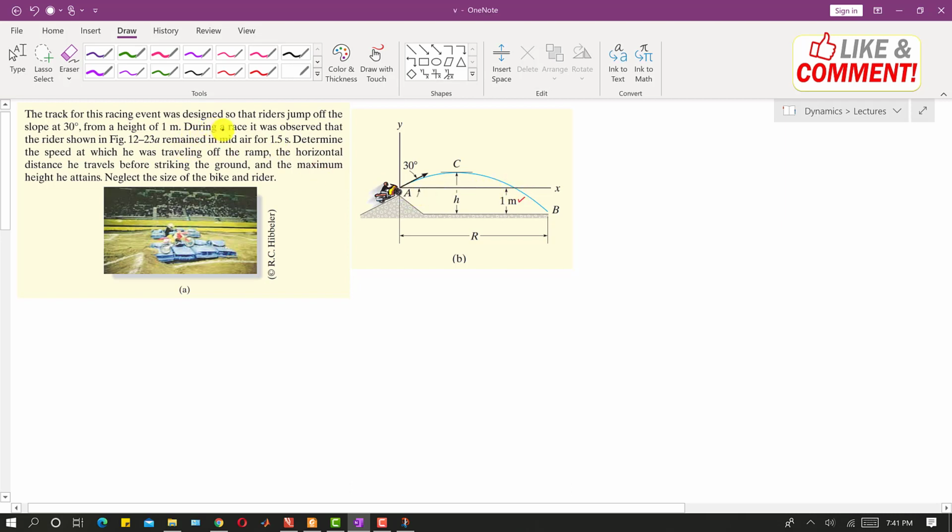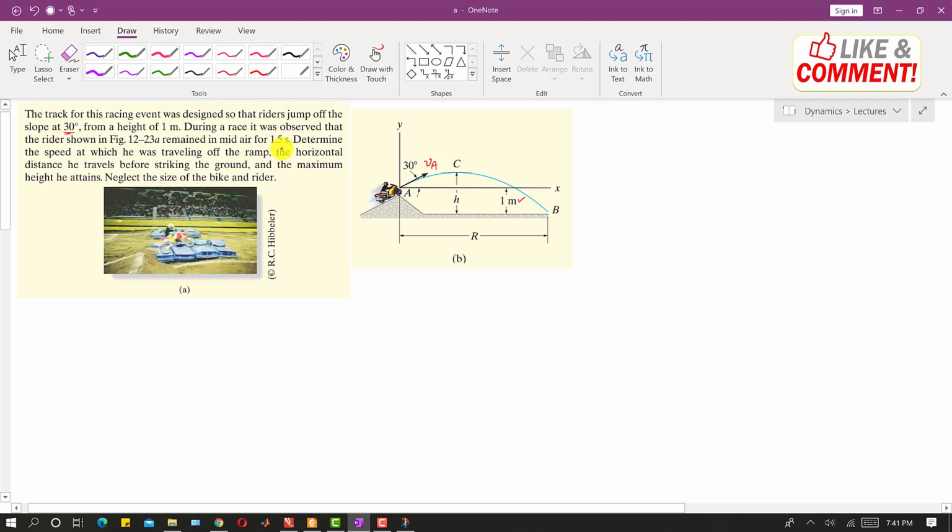So during a race, it was observed that the rider shown in figure 12-23A, which is shown in this figure, remained in air for 1.5 seconds, and he jumps from this ramp at a 30 degree angle. Let's say that at this point the velocity is v_A, and the height of this ramp from the ground is 1 meter.